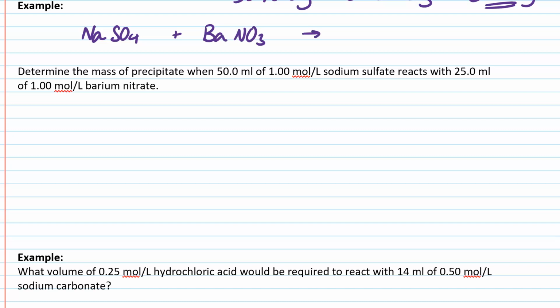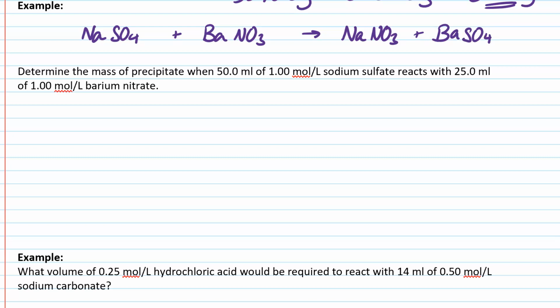What's it going to produce? Those are two compounds, and metals are going to replace metals because that's a double replacement reaction. So you'll have the sodium with the nitrate, and the barium with the sulfate.